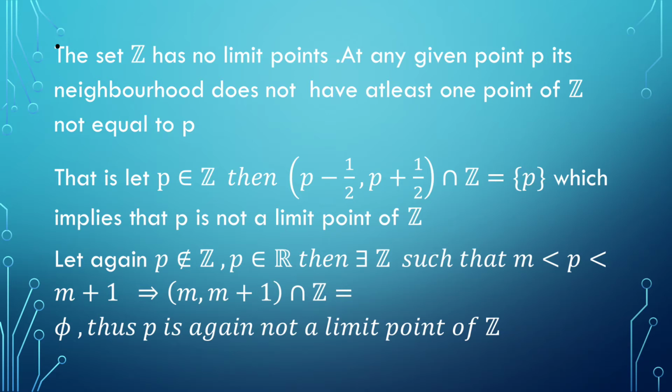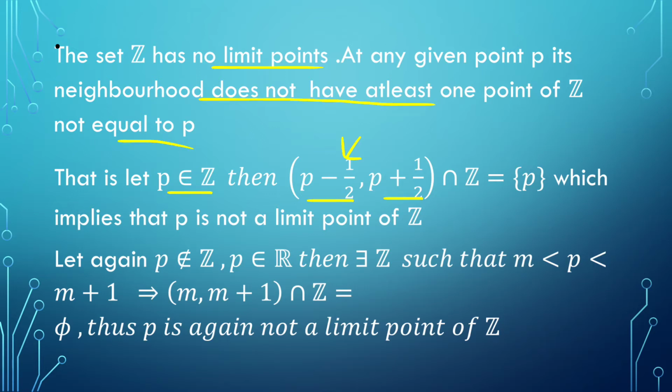Okay, the set Z, which is the integer set, has no limit points at any given point P, because its neighborhood does not have at least one point of the integers which is not equal to P. So there is no neighborhood that will give you at least a point in Z which is not equal to P. Let P be a member of the integer set, and we check the neighborhoods of P. Of course, this is what we are calling epsilon, a small value within the neighborhood.